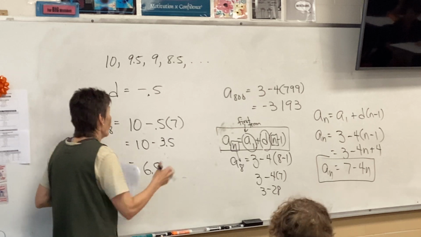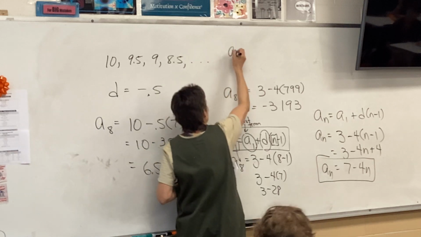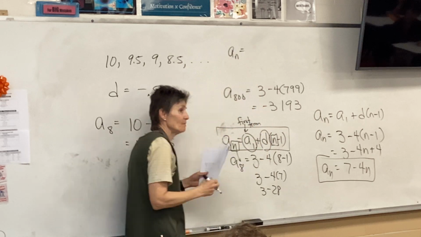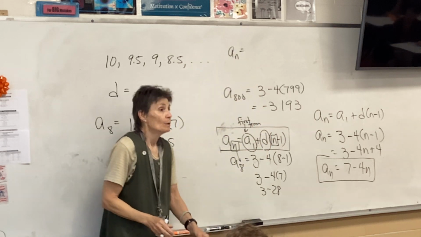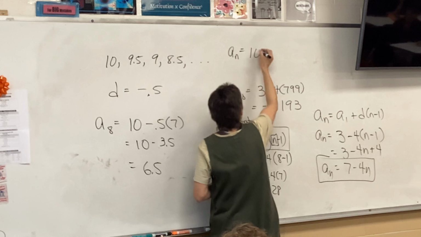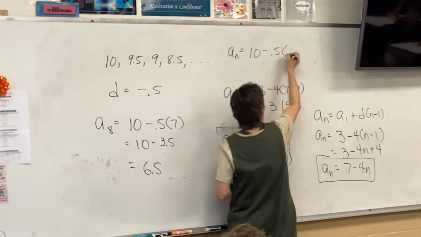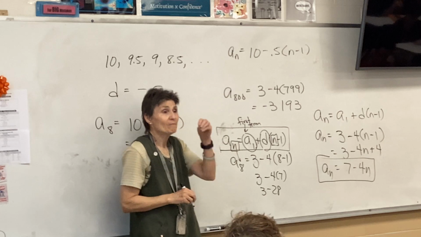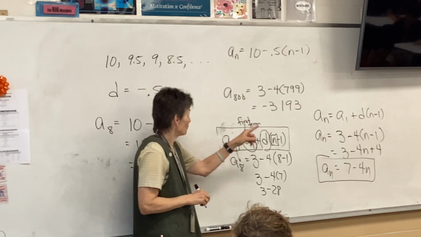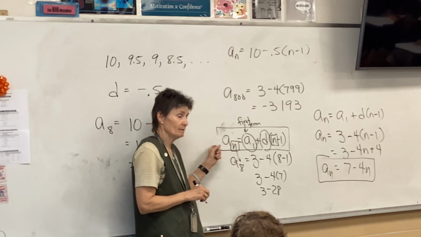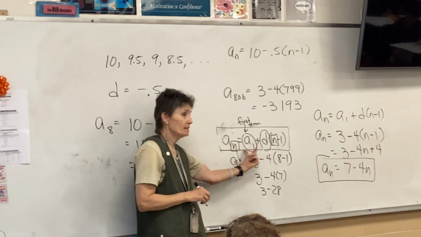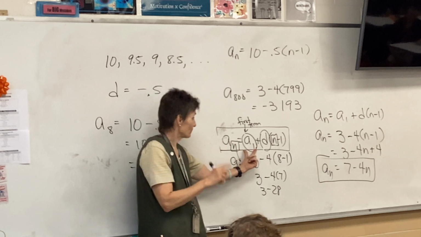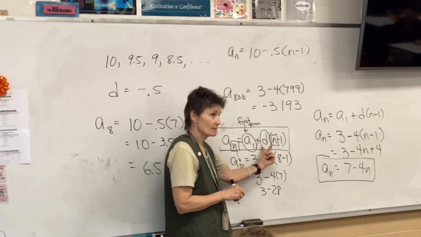Alright, what about my explicit formula then? What will it be in this case? 10 minus 0.5 and minus 1. How do we find our explicit formula? We take our general formula and we plug in our first term and our common difference.